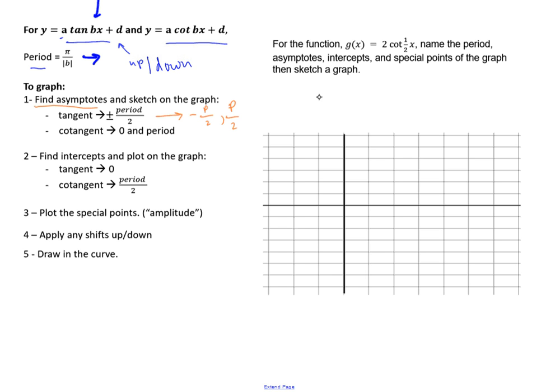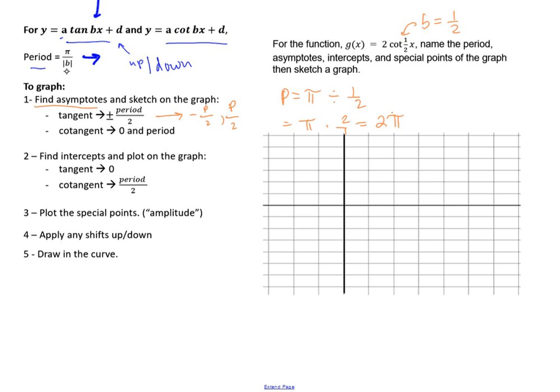For example, this one right here, I've got a B of 1/2. So my period would be 2 pi. Nope. Psych, number one mistake people make on these. See how easily I made it? Pi divided by 1/2. That's pi times 2 over 1, or 2 pi.